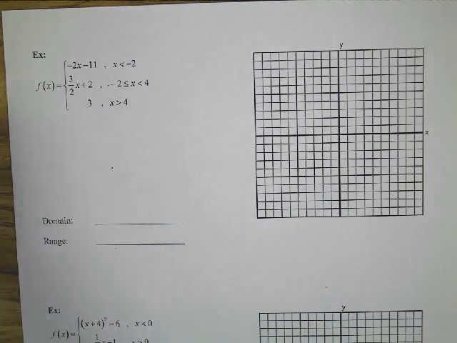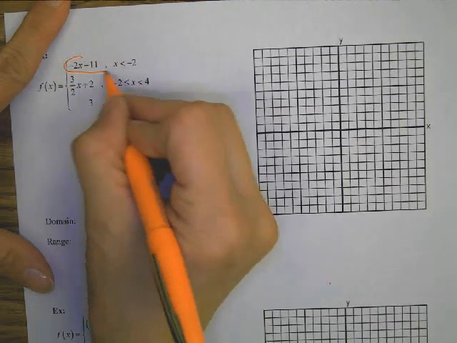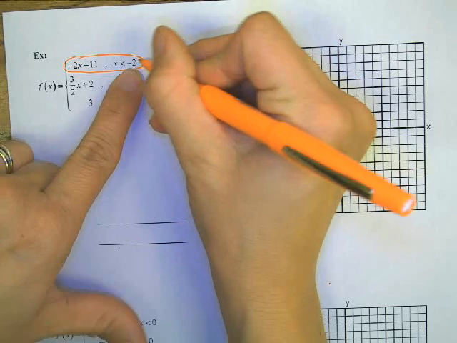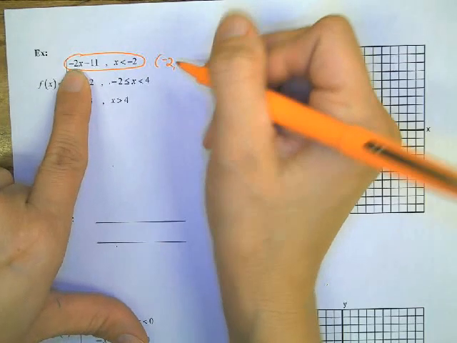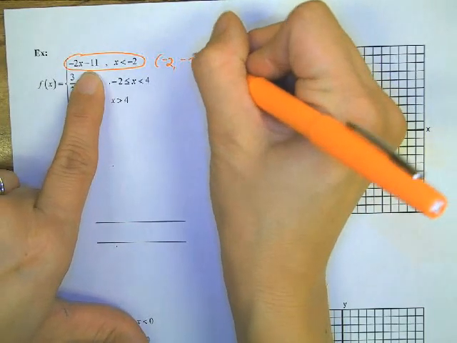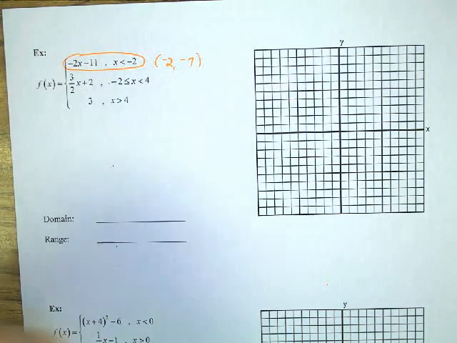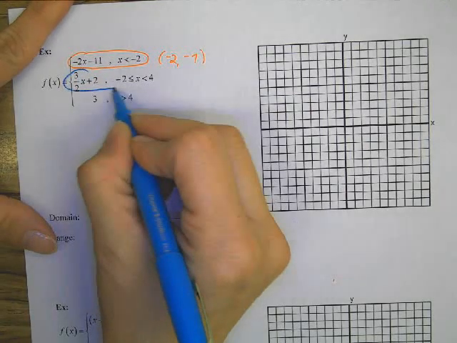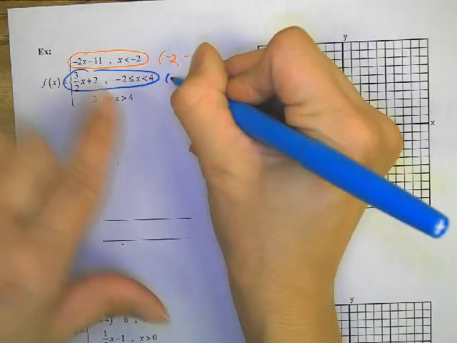So for this first piece, we've got negative 2. That's where it's going to start. Negative 2 gives 4 minus 11, which is negative 7. The middle piece goes from negative 2 up to 4. So let's see, if I plug in negative 2, negative 3, that's going to be negative 1.